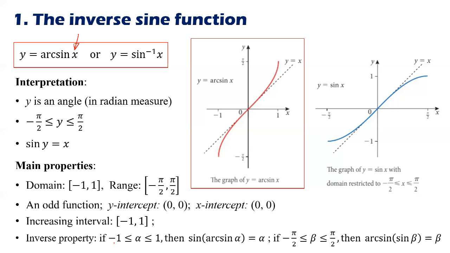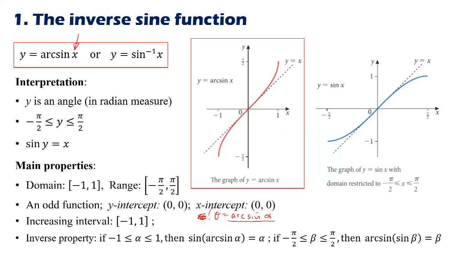Inverse property. We have the following inverse property. If alpha is between -1 and 1, then we have the following relationships. First, sine arcsine alpha equals alpha. Why? Because you can just think of, for example, theta equals arcsine alpha. Arcsine alpha is an angle, right?